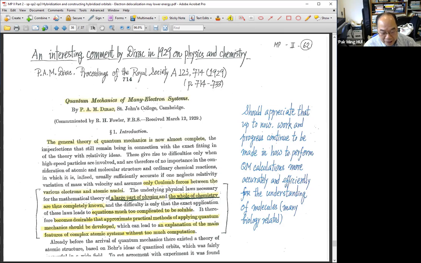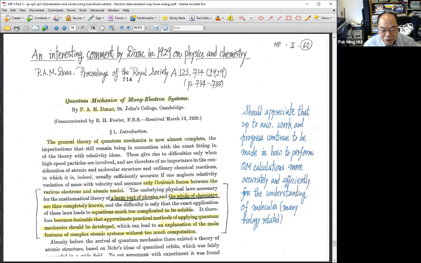"Quantum mechanics of that time is usually sufficiently accurate if one neglects relativity, variation of mass with velocity, and assumes Coulombic force" between the electrons and the nuclei. That's what we did, okay? Remember, we wrote down the Hamiltonian of a molecule, of an atom, all coulombically, repulsion, attraction, all the time, okay? And here is the punchline.